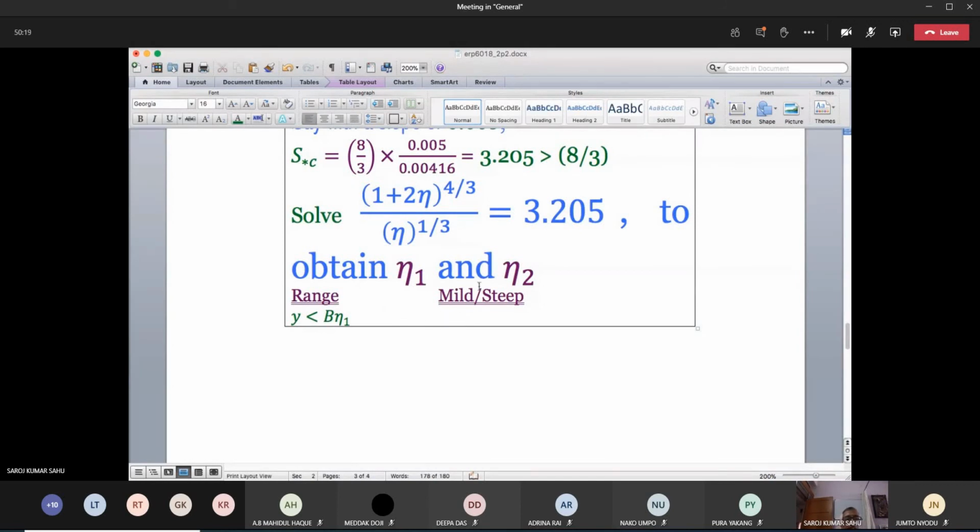And the corresponding slope will be mild.